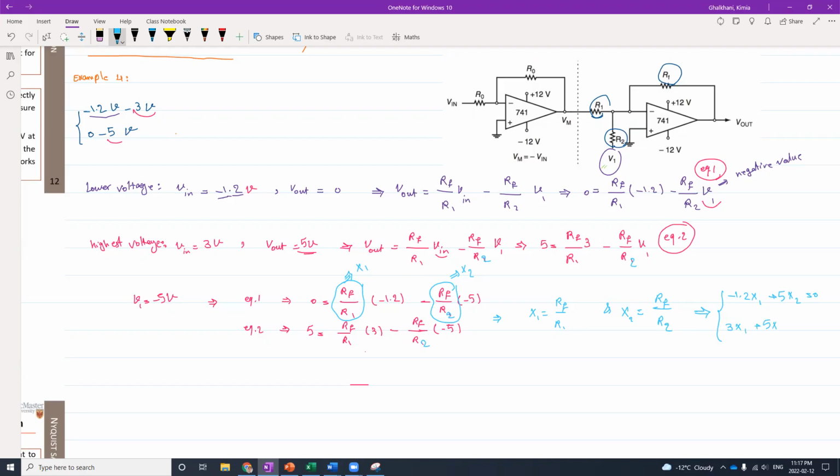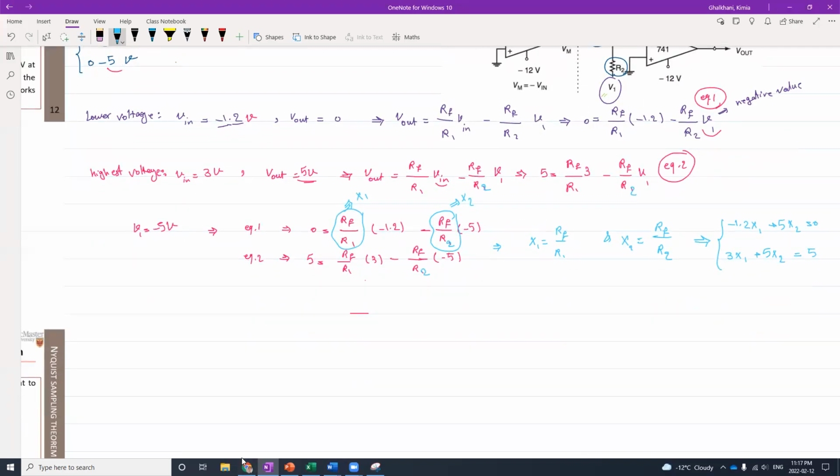I'm just replacing this because this one times this one is going to be positive. That's why I have 5 X2. Then this is going to be equal to 5, like what I have in here. So now, if I rearrange it again, what do I have in here? I'm going to have 4.2 X1 equal to 5. From here, I can find out what X1 is. X1 is going to be 1.2.